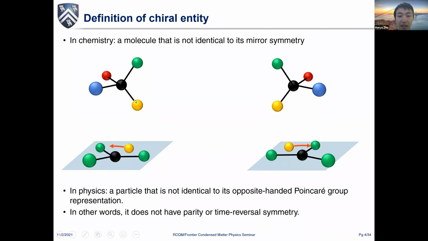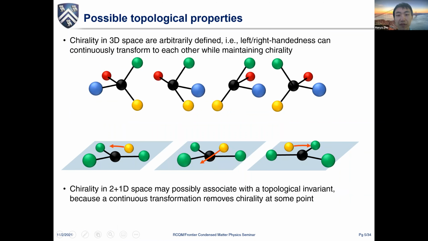We would like to consider a simpler case. Let's not look at the 4 dimensions in total, but reduce the dimension to 3. There are 2 possibilities with 3 dimensions. All 3 dimensions can be in space, and that's the case of chiral molecules.